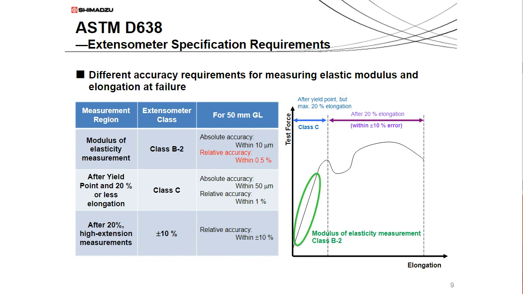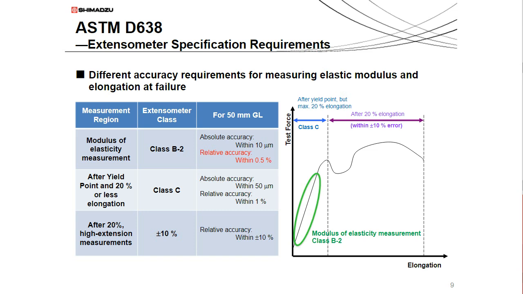Back to extensometer specifications. An extensometer is an external device to the test frame itself, which directly measures the strain that's being applied to our plastic sample within the gauge length.